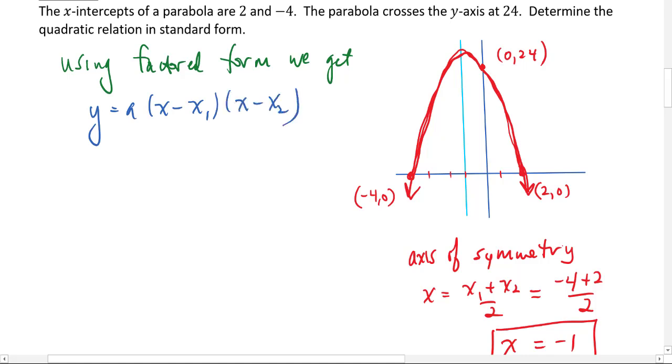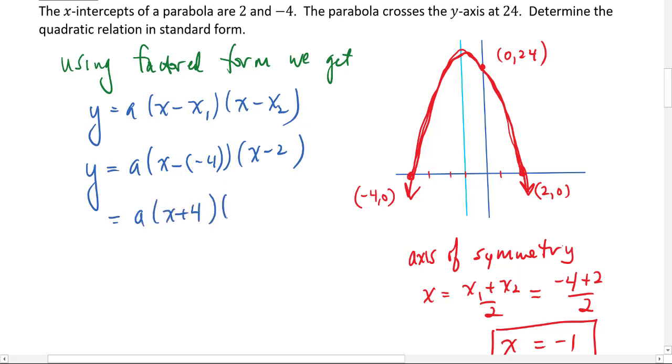First step is to sub in the zeros. So y equals a, x minus negative 4, x minus 2, which is a, x plus 4, x minus 2.